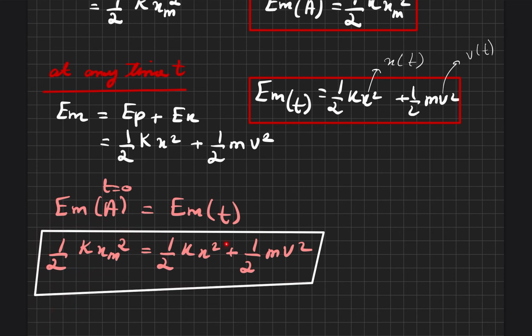Whereas this part here, we said that x is dependent on time and v is also dependent on time, so this part here is not constant and it is time dependent. Okay? So let's write it down in a better way. This part here is a constant. This part here is time dependent. Okay?